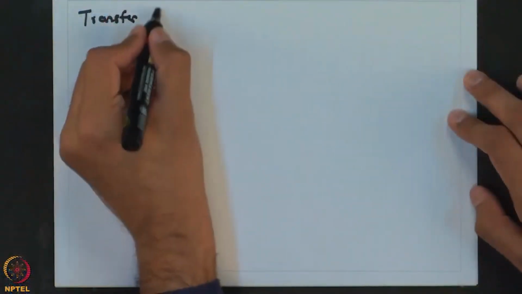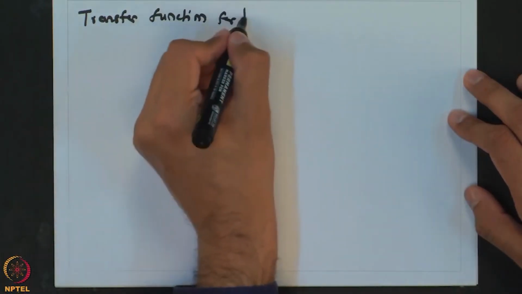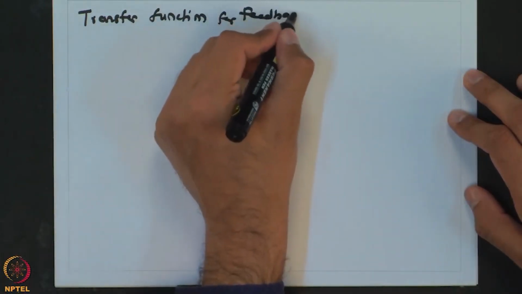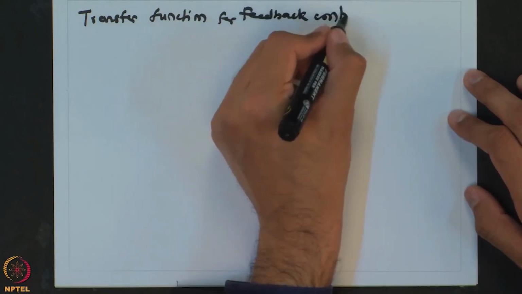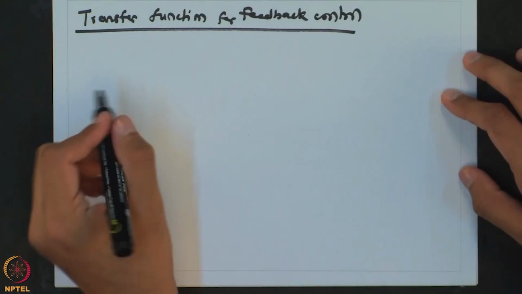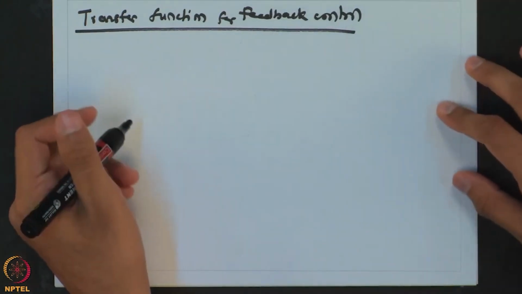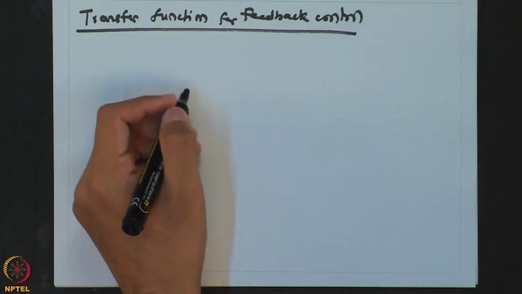So, now we will try to derive the transfer function for this particular closed loop system. For that let us start with the output block.